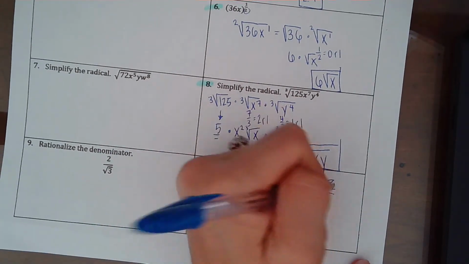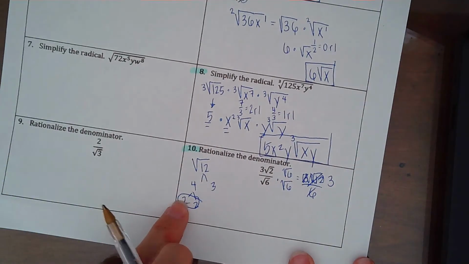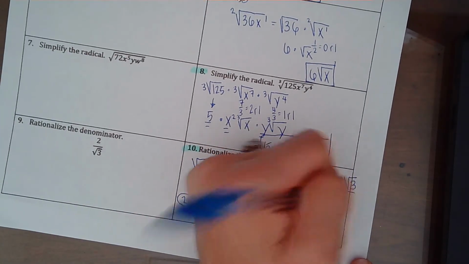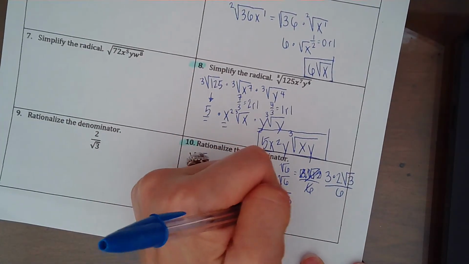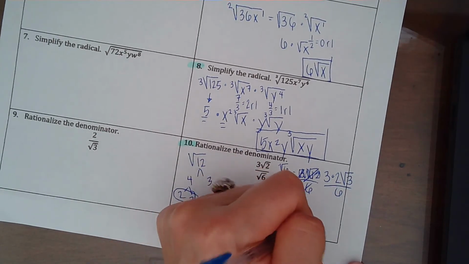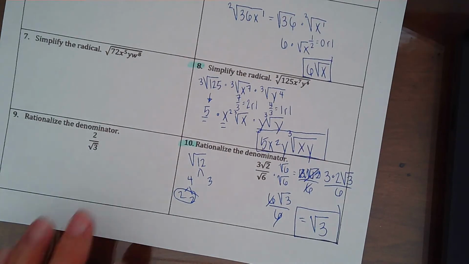So this would reduce to 3 times 2 rad 3 all over 6, which is technically 6 rad 3 over 6. These 6s would cancel out, and my answer would be rad 3.